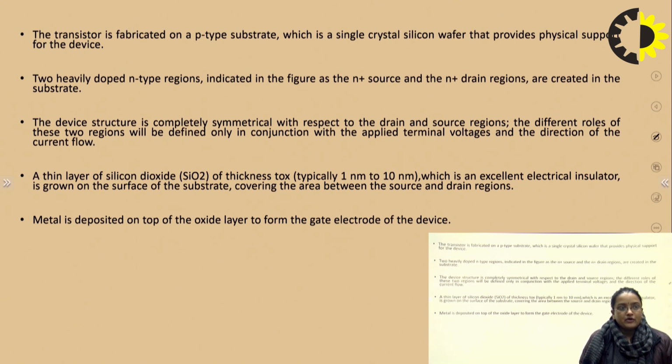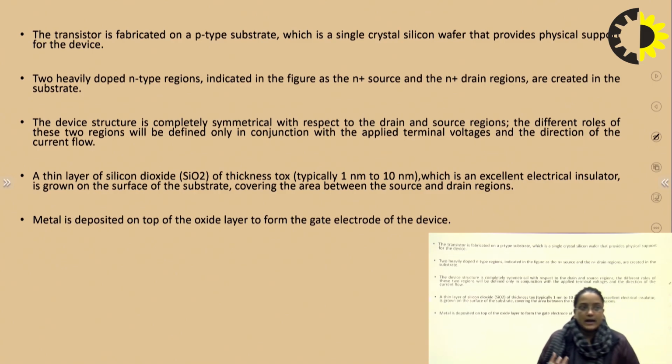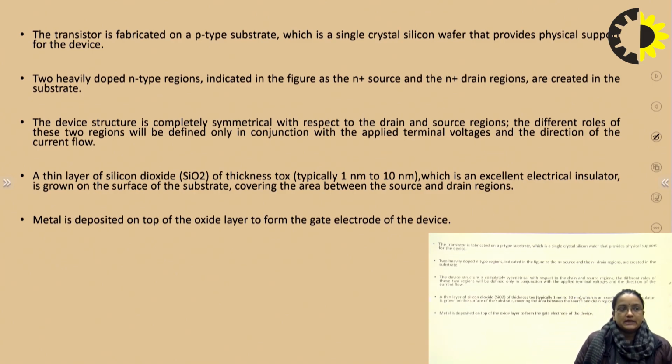A thin layer of silicon dioxide, whose thickness ranges from 1 nanometer to 10 nanometer, which is an excellent electrical insulator, is grown on the surface of the substrate. That's why we say it is acting as an insulator. So the silicon dioxide layer is fabricated at the gate terminal.